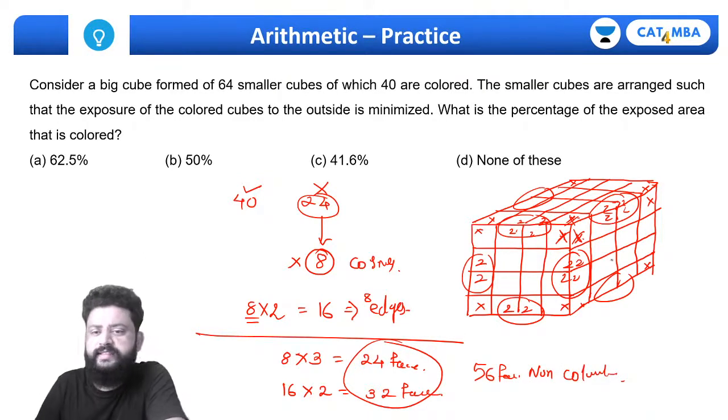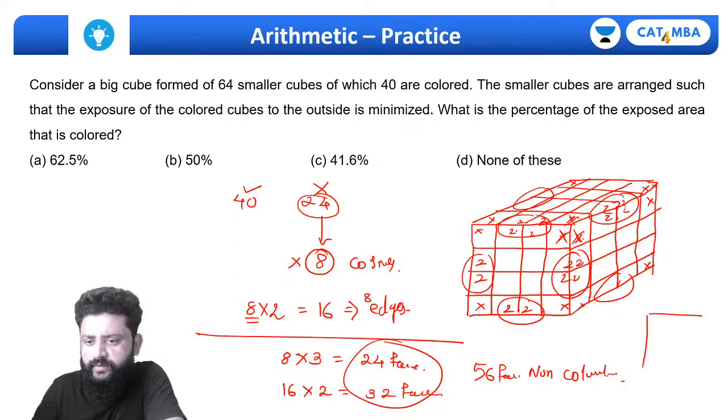Right, now look at this, on one surface, how many cubes are there?